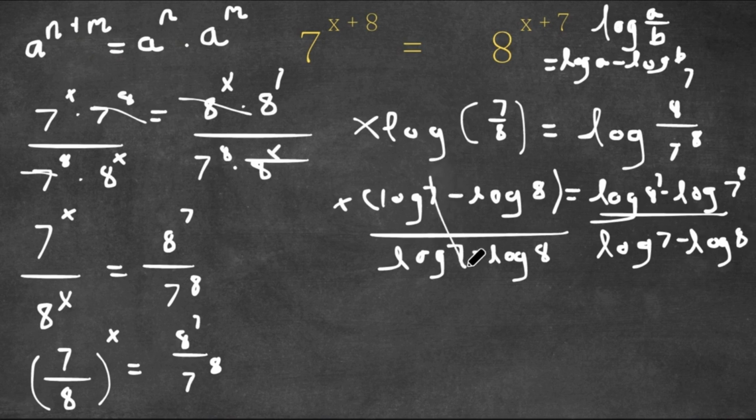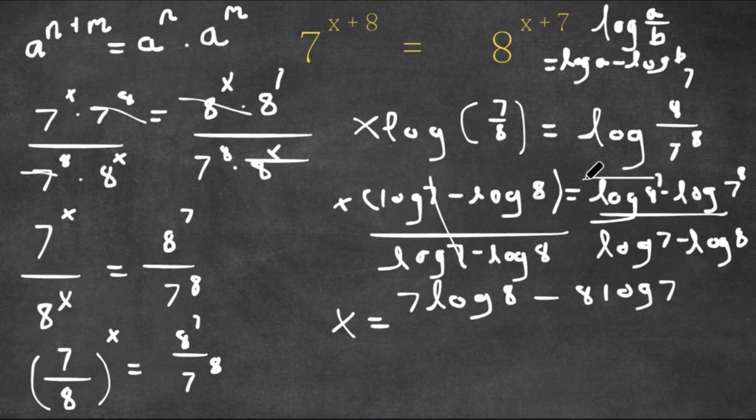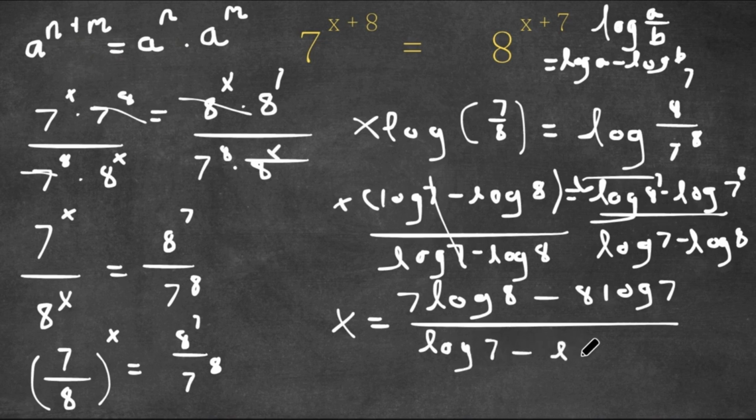So now these two cancel out, and we are left with x is equal to 7 log 8 minus 8 log 7, because remember, we're moving the exponent to the front of the logarithm, over log 7 minus log 8.